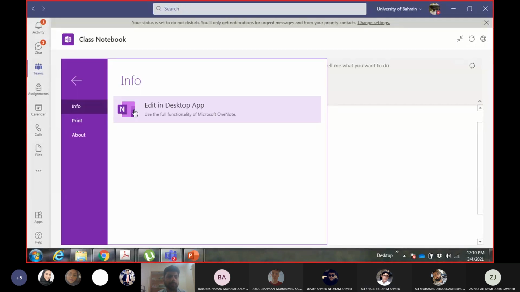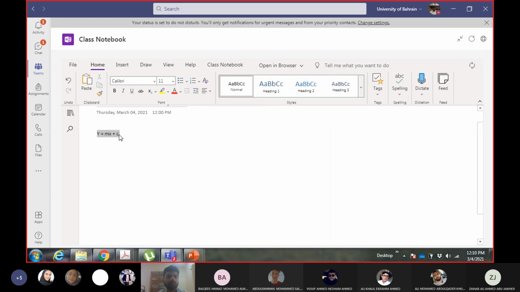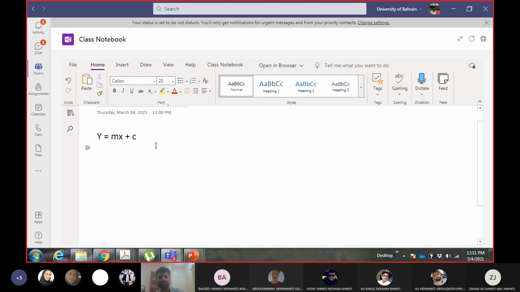Now for this graph, y is speed and x is density, right? So I will say speed equals m into density plus c.